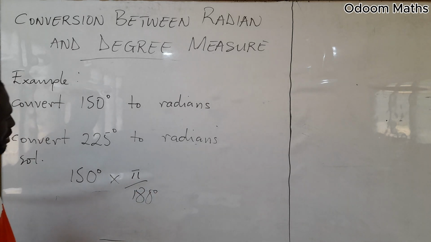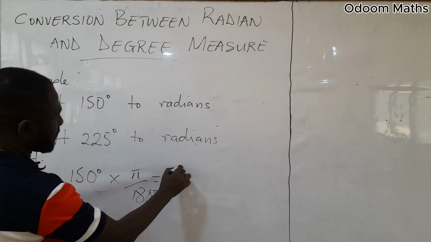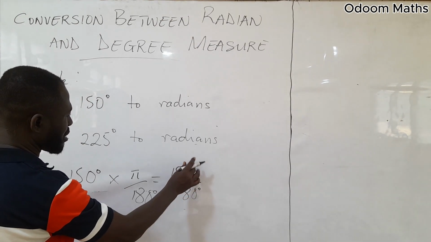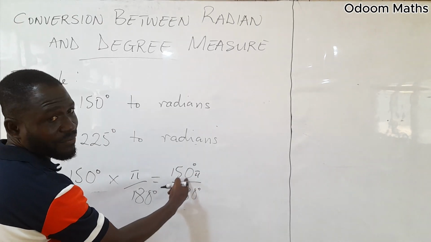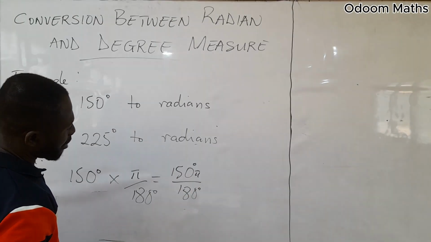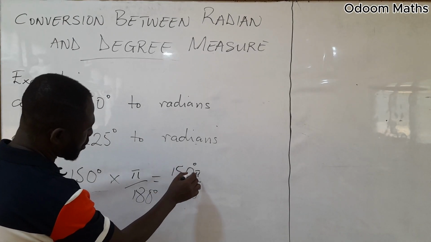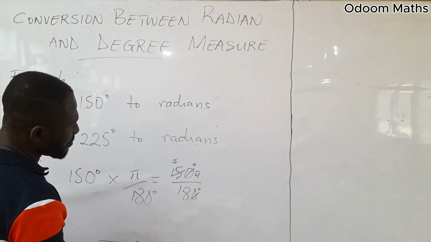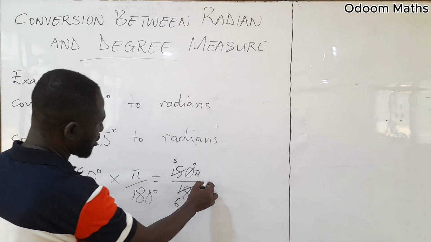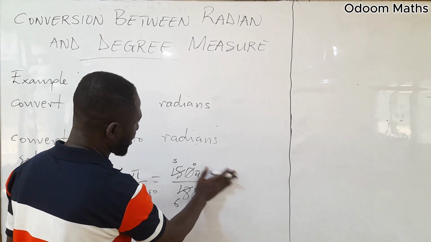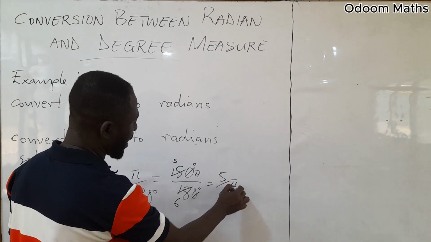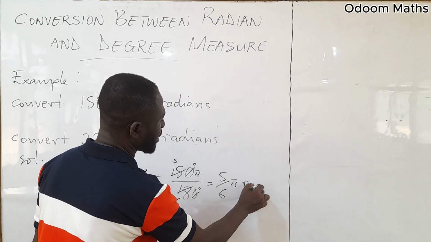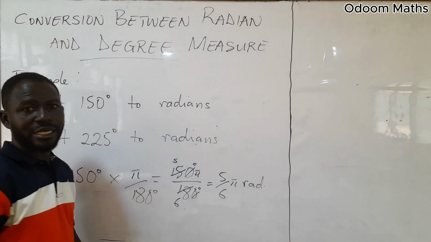Now 3 into 15 is 5, and 3 into 18 is 6. So the answer becomes 5 over 6 pi radians.